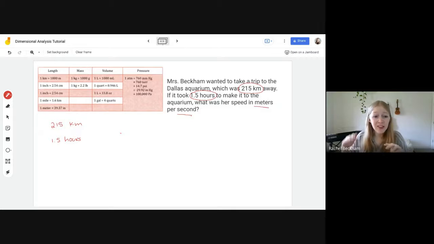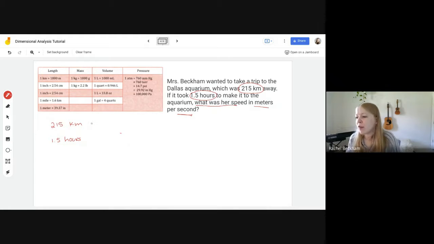Do you see that? And these, you can't convert kilometers to hours because kilometers is like a length or a distance and hours is a time. You can only convert whenever they're both units of length or both units of time. So kilometers and hours, we're not going to transfer one to the other because that doesn't make any sense. But it asks, what was her speed in meters per second?